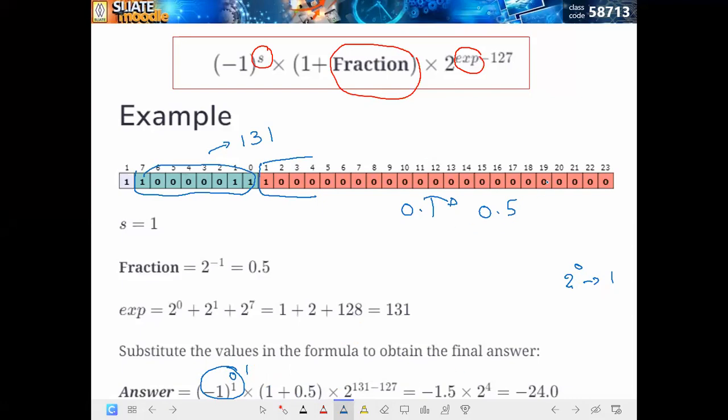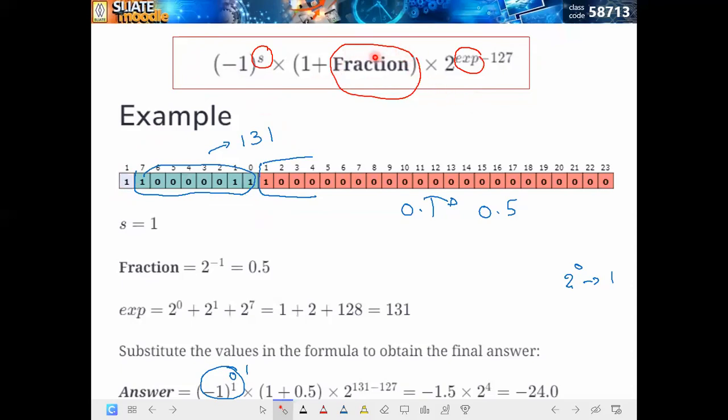Right. So now it's very easy, no? What you have to do is, when you get a question like this, where you are given a floating point representation and asked to find the decimal value, use this formula, right? And then find what is S. You can find S from here, the sign bit.